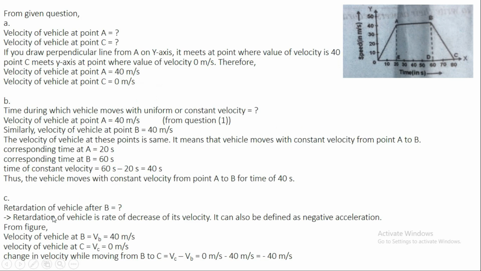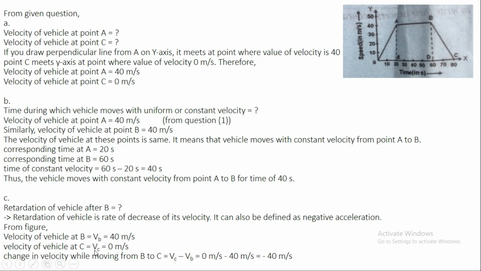From the figure you can say the velocity of the vehicle at B is 40 meters per second, and at point C it is 0 meters per second.